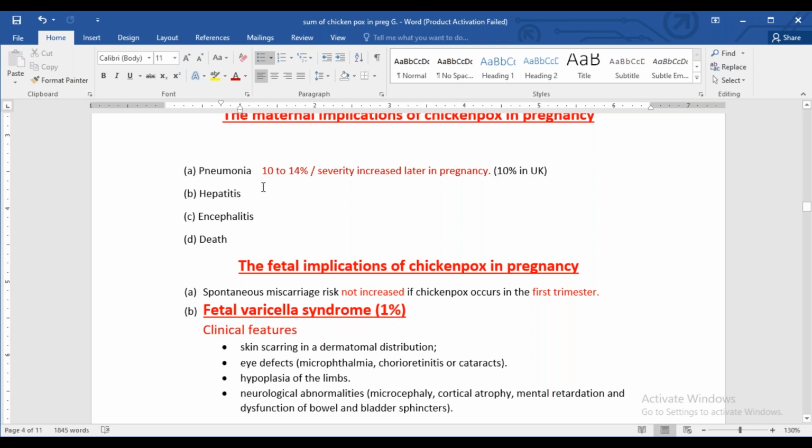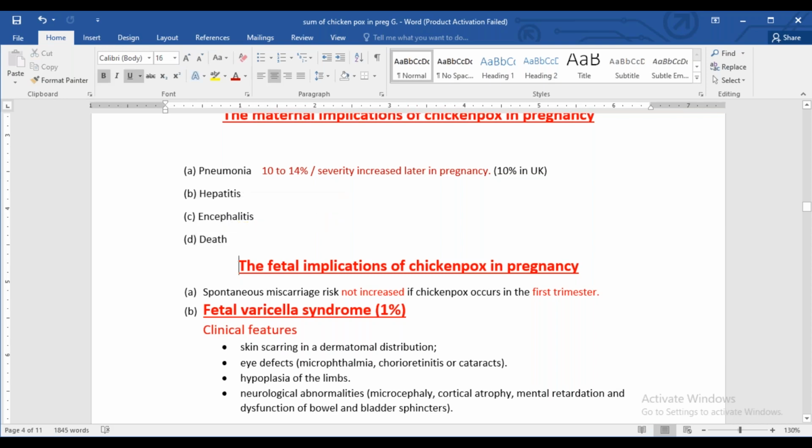Okay, after pneumonia, we have hepatitis, we have encephalitis, up to death. Unfortunately, death from chickenpox in pregnant ladies is more than in the normal adult, but the reported cases are very few.